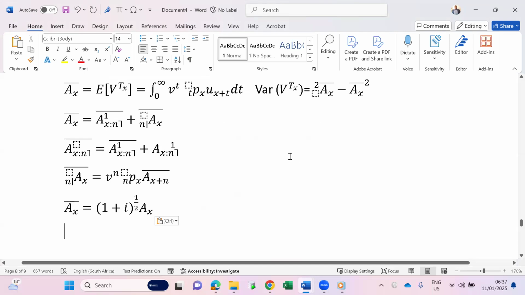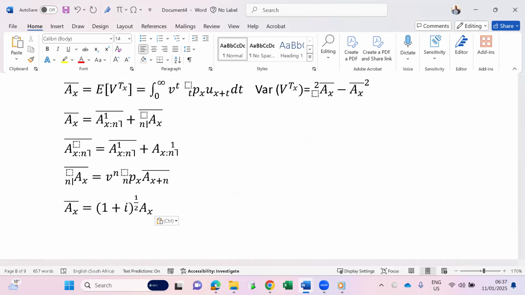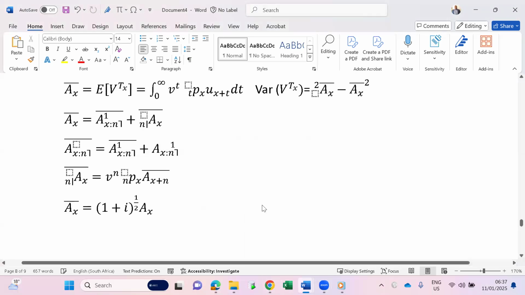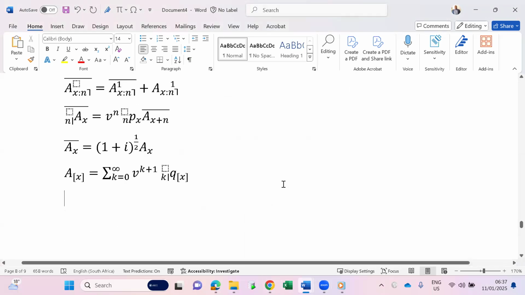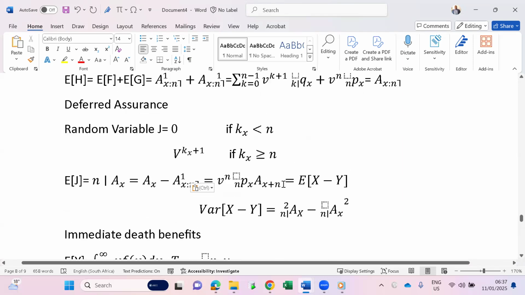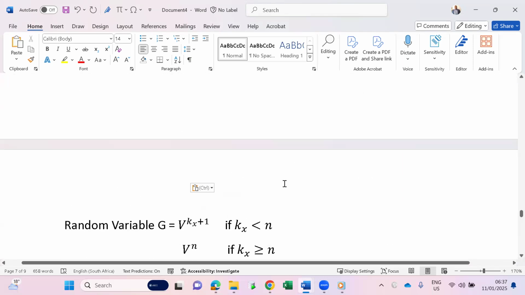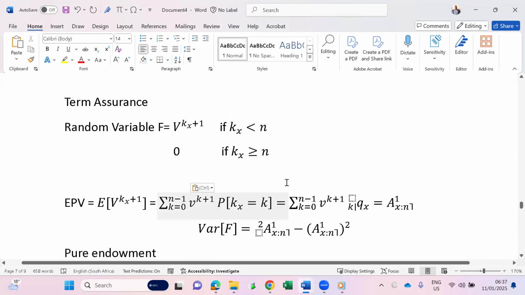And there's also, I think, i over the force of interest, but that's a bit messy. I'd rather we use (1+i)^{1/2} multiplied by A_x. And then everything that we've written here will apply for select values.